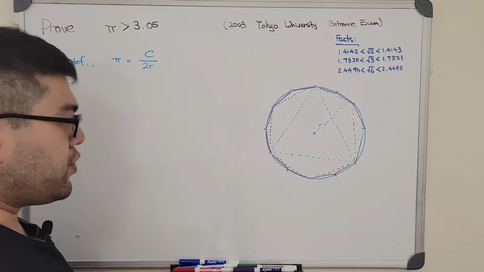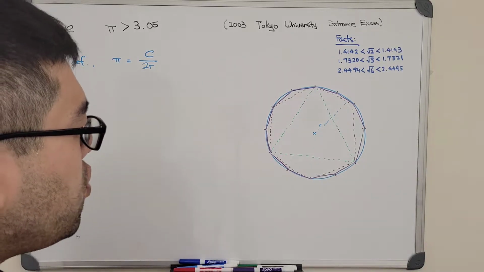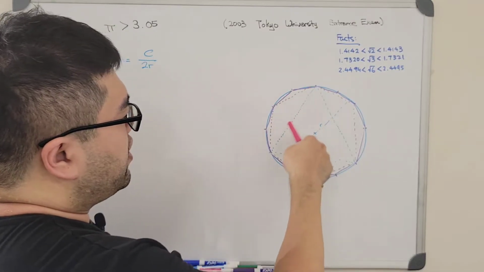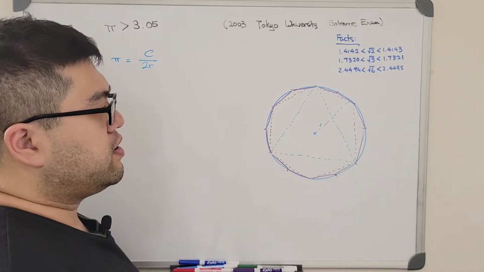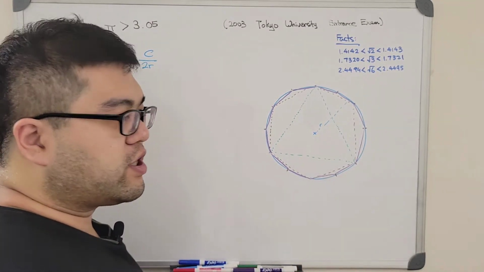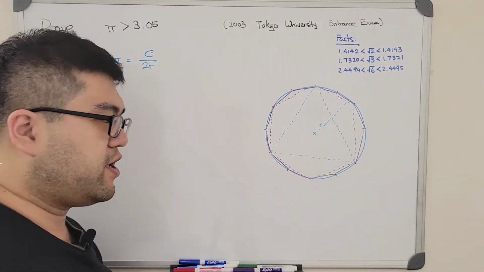Okay, so what do we do? We're going to divide up this regular polygon evenly, like how we cut a pizza, like this shape right here.